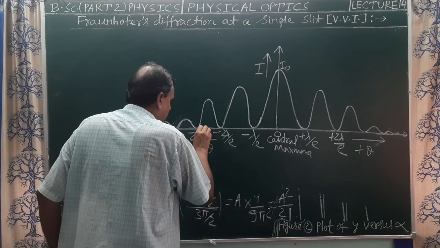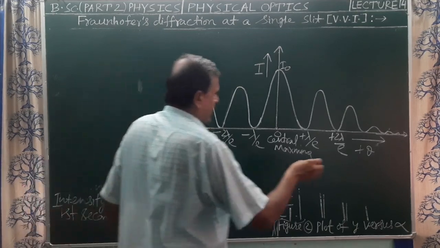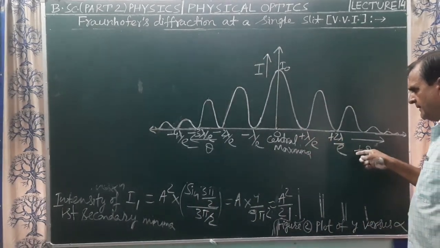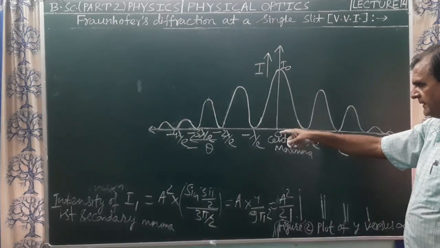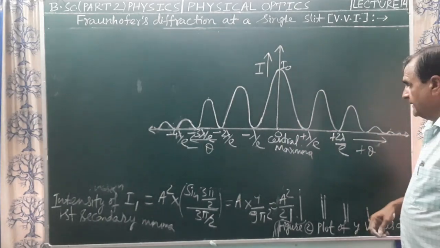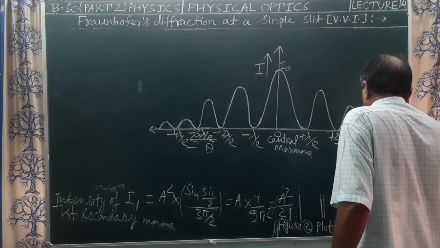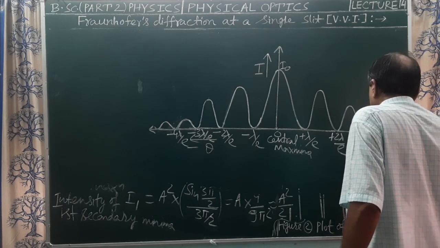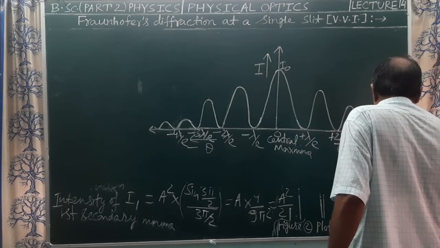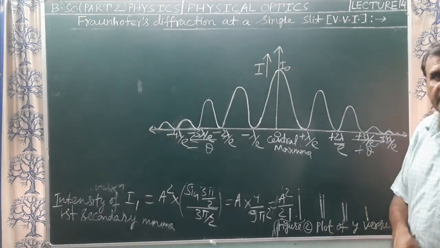It is minus 3 lambda by e followed by minus 4 lambda by e and so on, and along the positive direction, that is along right to the central maxima, that is right to the center or above the center of the screen in the experiment figure 1, the position of third secondary or subsidiary minima is given by plus 3 lambda by e followed by plus 4 lambda by e, that is position of the fourth secondary minima.